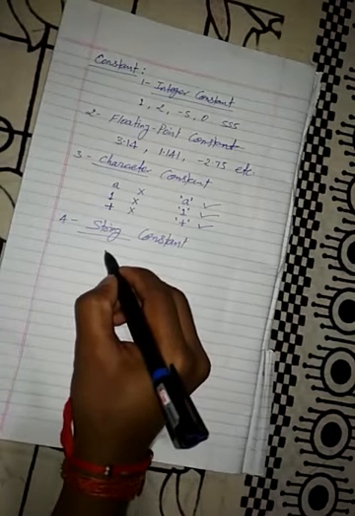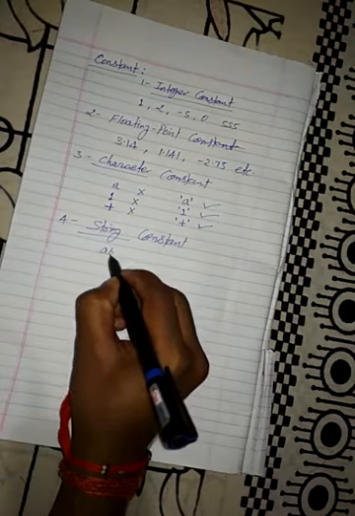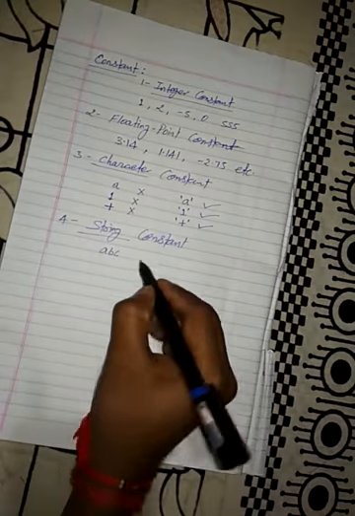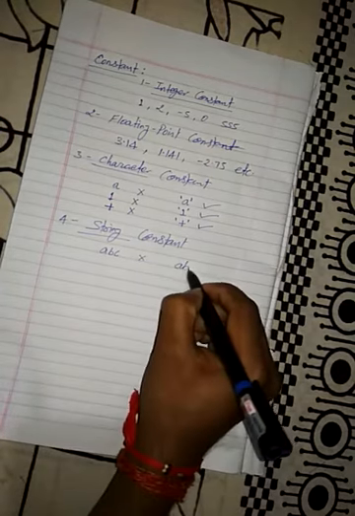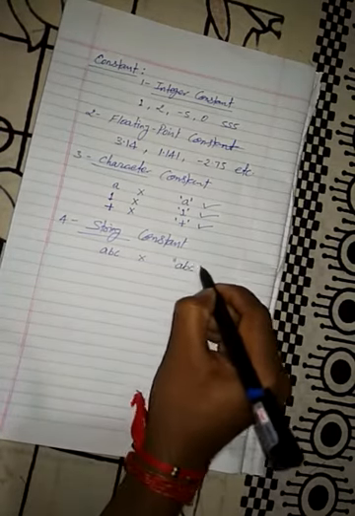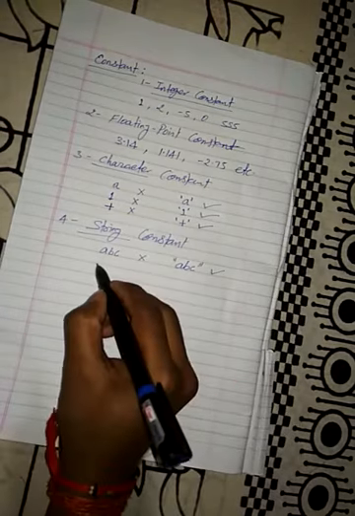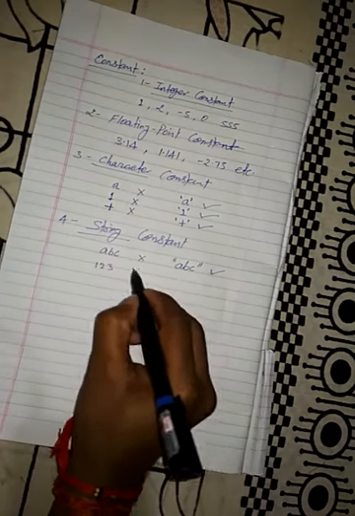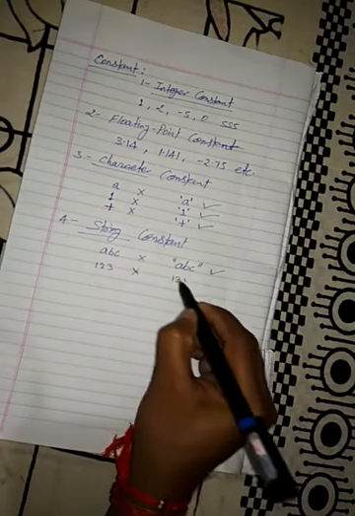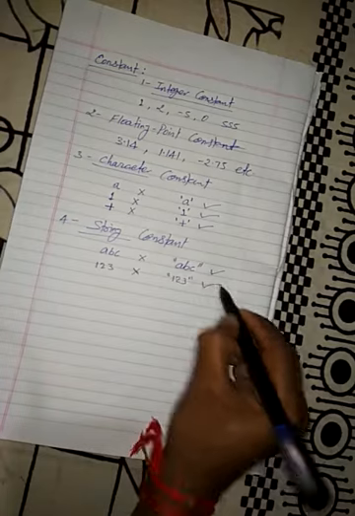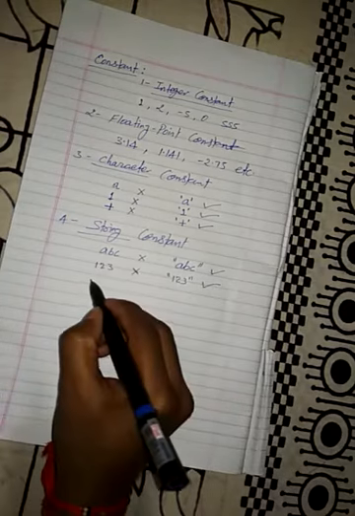For example, ABC is not a string, but "ABC" within double quotes is a string. 1, 2, 3 is a number, but "123" within double quotes will be a string.